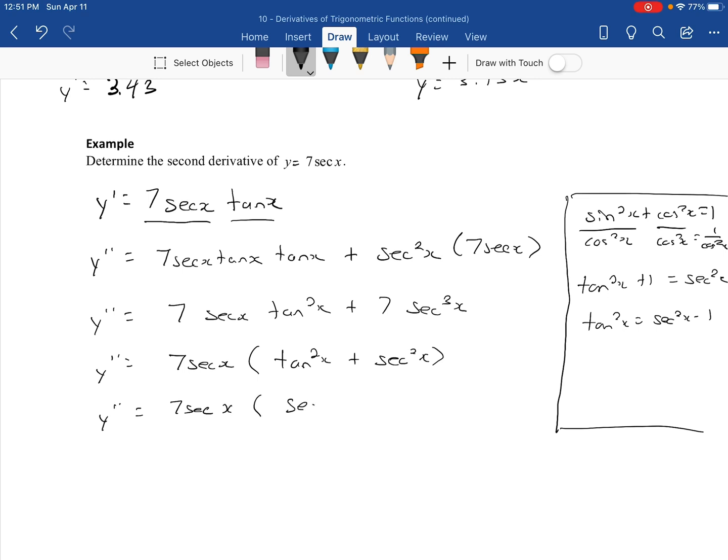So this is secant squared x minus 1 plus another secant squared x. Isn't that handy? Because what I end up with is y double prime equals 7 secant x times 2 secant squared x minus 1. That's a tidier version of it because it's only secants.